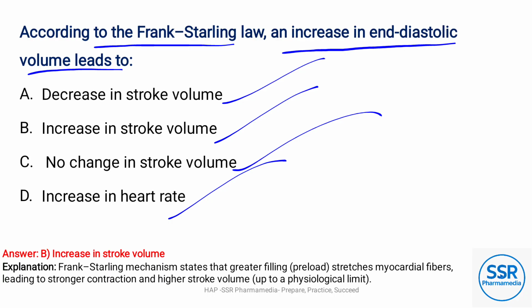The answer is option B, increase in stroke volume. The Frank-Starling mechanism states that greater filling, or preload, stretches myocardial fibers, leading to stronger contraction and higher stroke volume, up to a physiological limit.